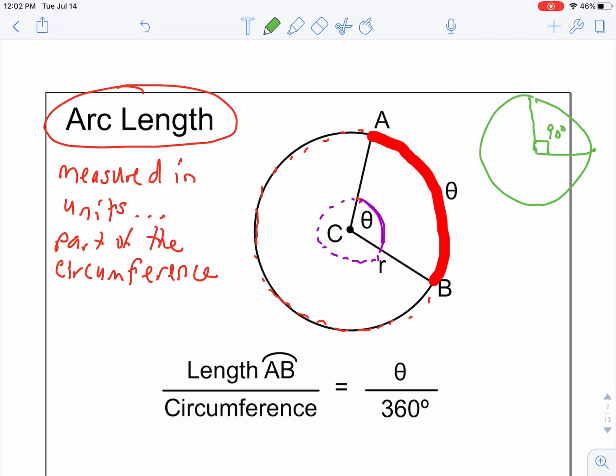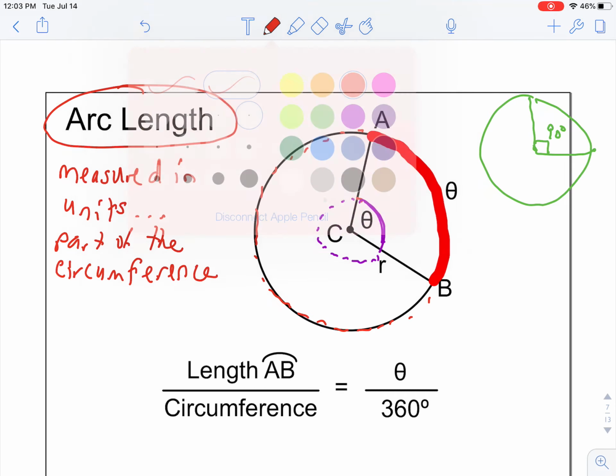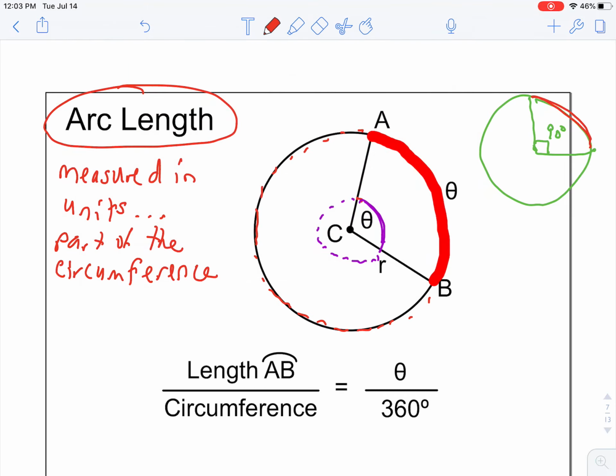Let's say that we have a 90-degree angle in here. Well, if this is 90 degrees, then that degree measure is 1/4 of the whole circle. So it makes sense to me that this arc would be 1/4 of the whole circumference.